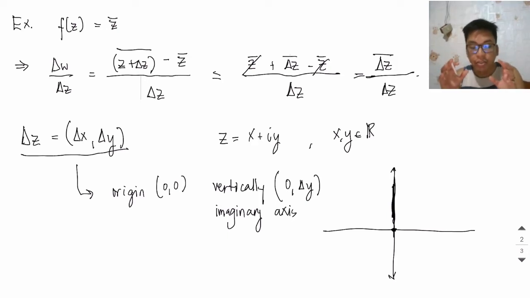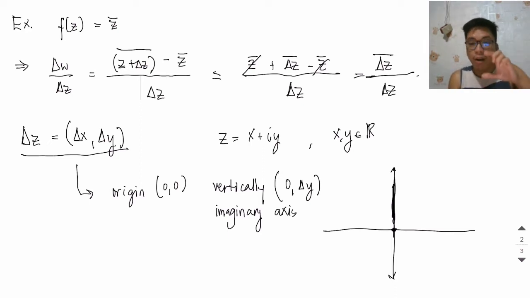Always remember that when we take the derivative of a complex function, we're actually considering all the directions. This is typically different from the derivative of a real function, because when we evaluate for real numbers, we only focus on the right side of the origin and the left side of the origin.